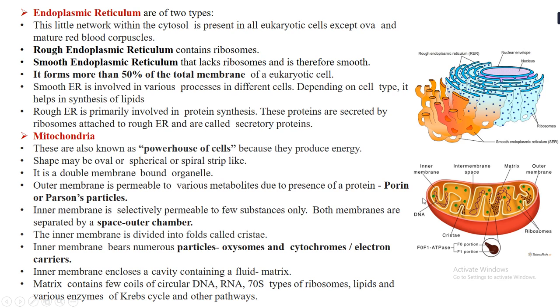Now in this double membranous structure, the outer membrane is permeable to various metabolites due to the presence of a protein, that is porin, or you can call it Parson particle. These proteins, the porin and the Parson particles, help some of the material to get into the mitochondria.